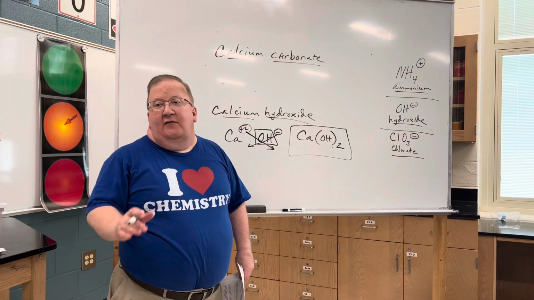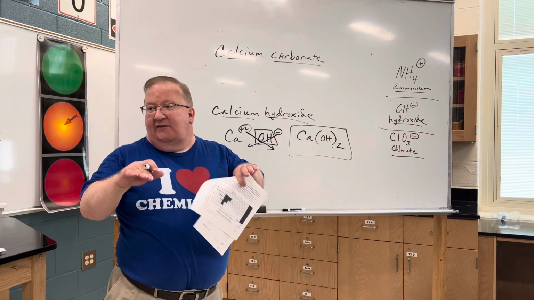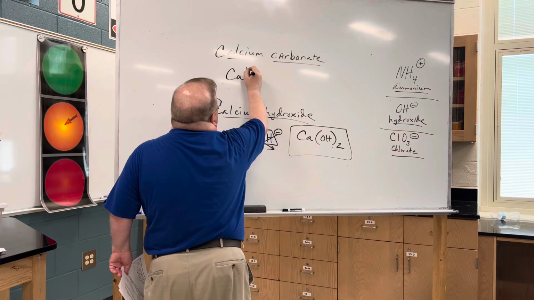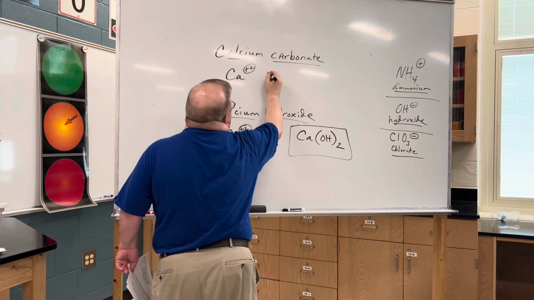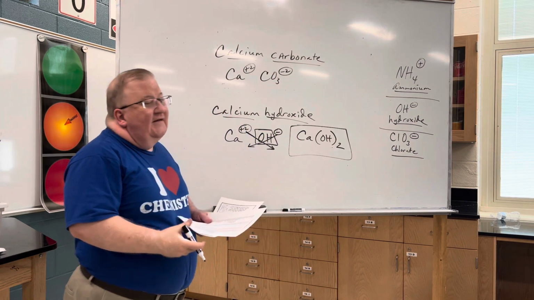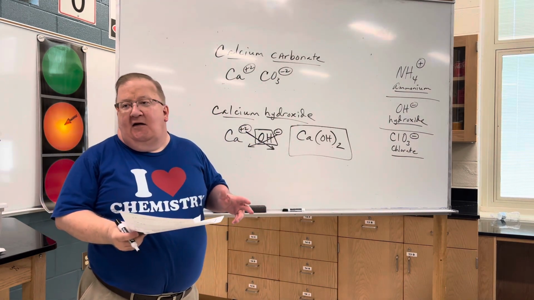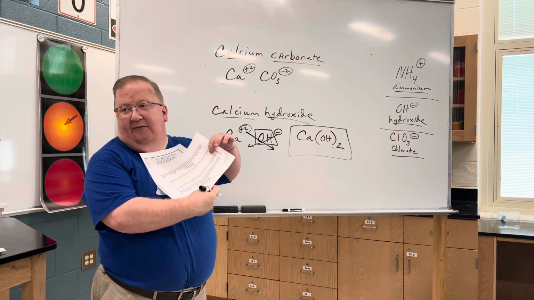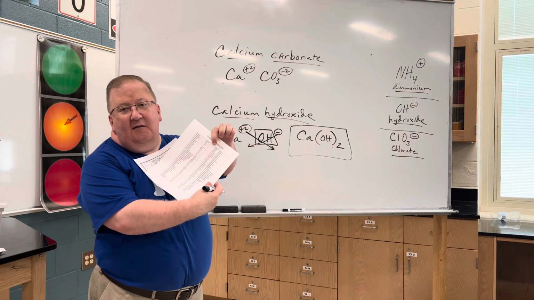All right, but the rule is just like it always is for type 1. You write the symbol, write the charge. Carbonate is CO3 -2. You can say 2 negative or -2, either way. All right, and how did I know that? Because it's on the list that I have of common polyatomic ions.